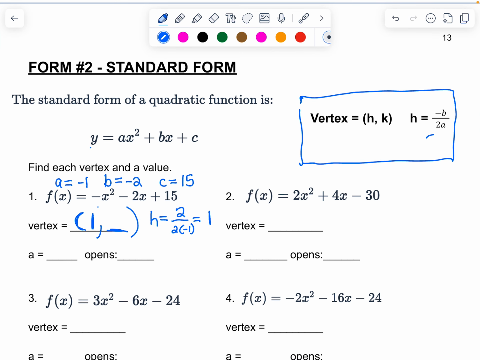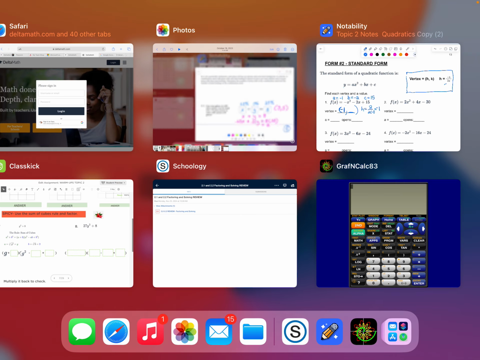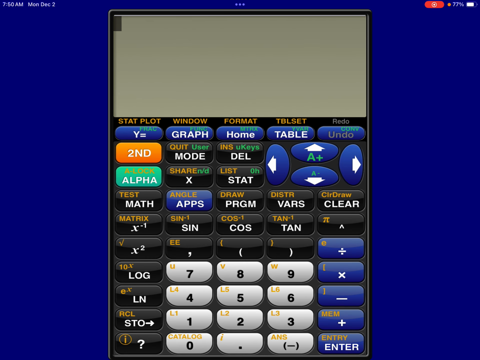Ooh, wait, that should be -1, shouldn't it? 2 over -2 should be -1. Okay, so if we're going to plug in -1, what we're going to have to do is, let's go ahead and make sure we do all our parentheses and stuff.